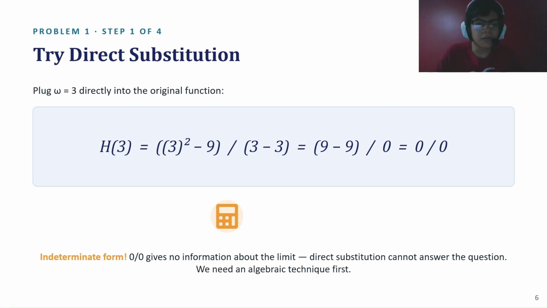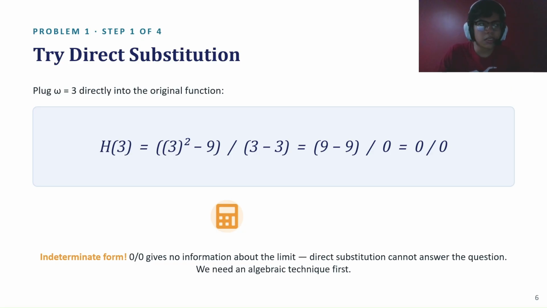H of 3 equals 3 squared minus 9 divided by 3 minus 3, equals 9 minus 9 divided by 0, equals 0 divided by 0. This is an indeterminate form. Divided by 0 gives no information about the limit. Direct substitution cannot answer the question. We need an algebraic technique first.